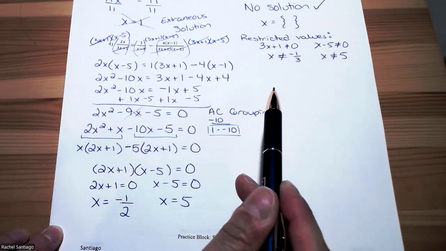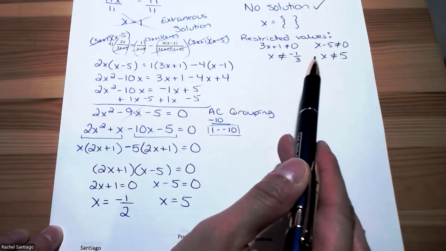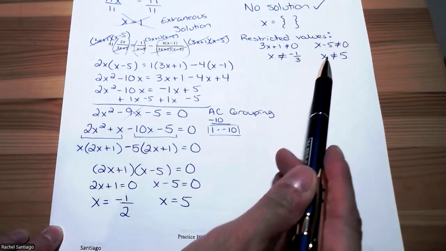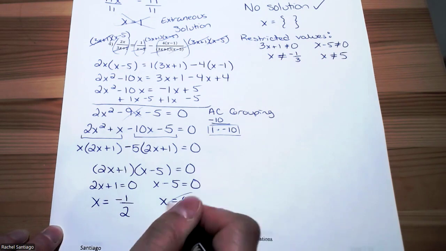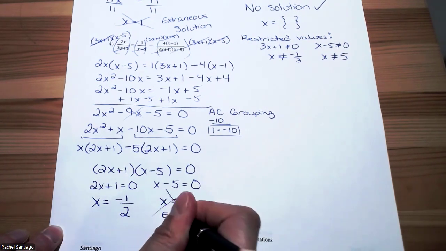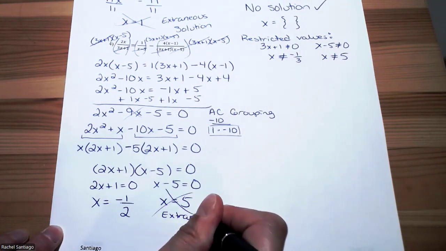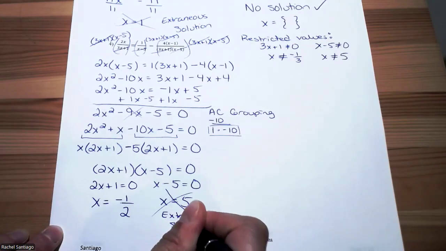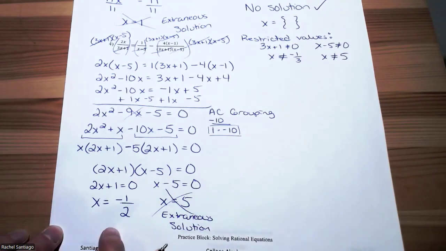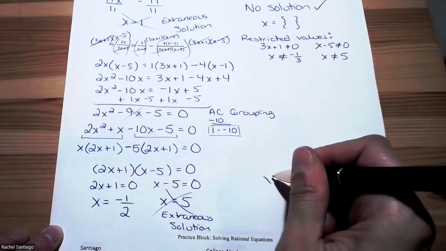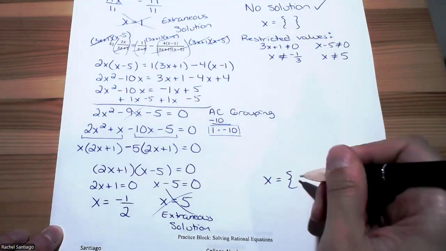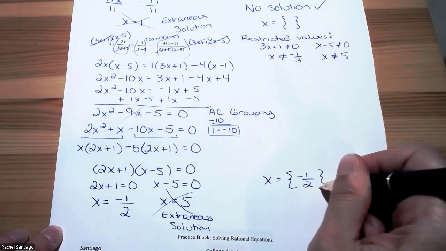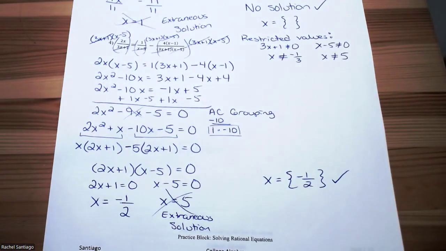Look at the restricted values. I have a match, so that means I'm going to throw this one away. That is my extraneous solution. But the other one is valid, so I do have an answer. And we could say that for this problem, my solution set is negative 1/2. And we are done.